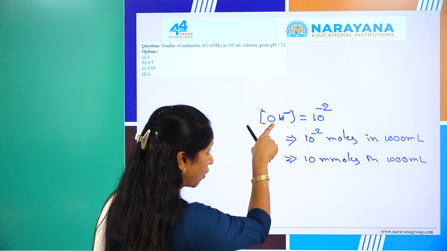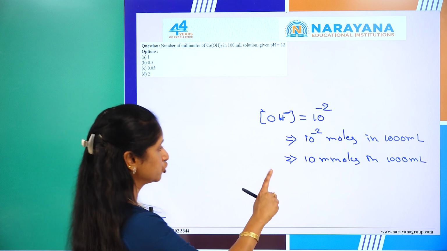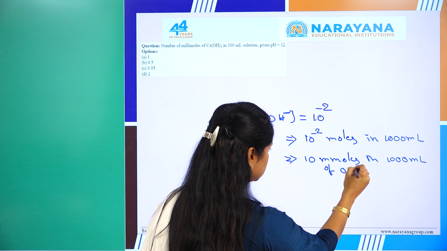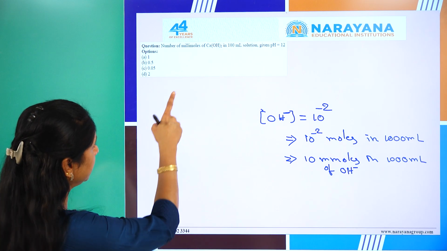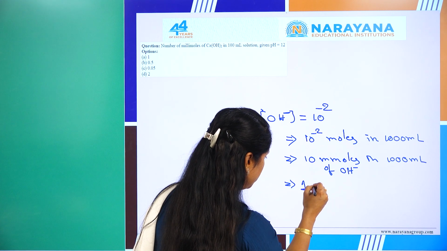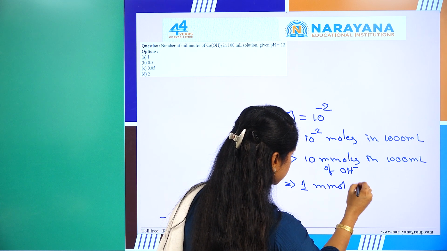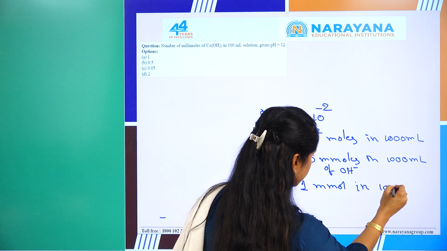This is the concentration of OH minus I am getting, not calcium hydroxide directly. So 10 millimoles of OH minus in 1000 ml. They are asking in 100 ml, so obviously I have 1 millimole of OH minus in 100 ml.